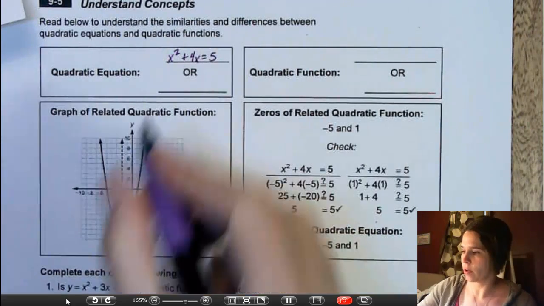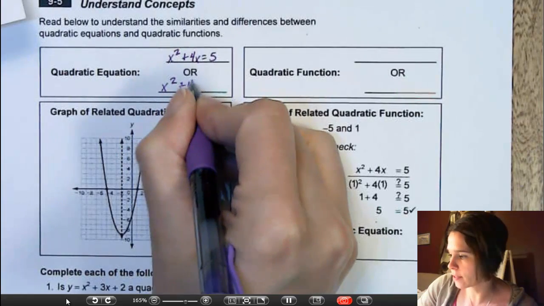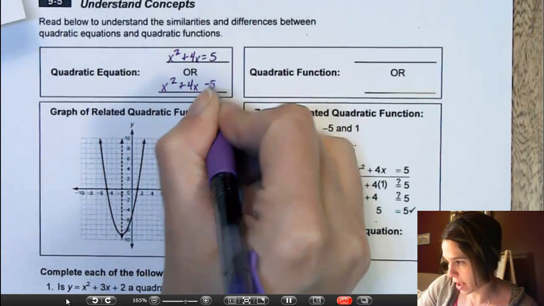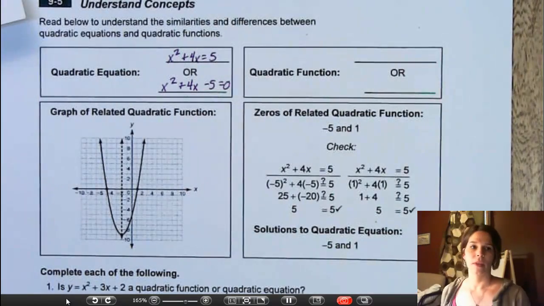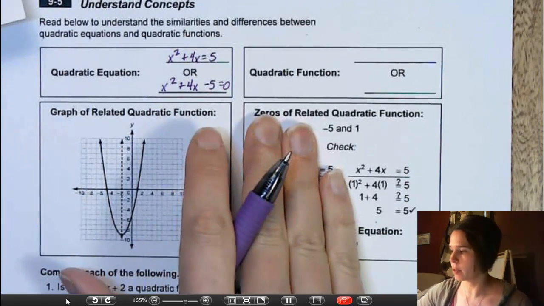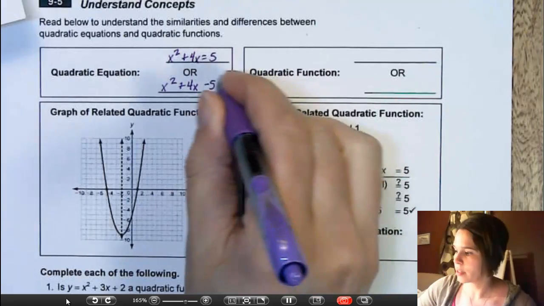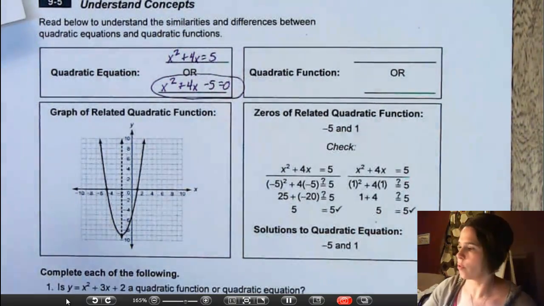I only have 1 variable. Or I could set it equal to 0. x squared plus 4x minus 5, I just subtracted 5 from both sides, equals 0. Those are types of equations where I just have one variable. Now I can have it to different powers, but it's just one variable. This same equation written in function form we've seen before. I'm going to use this bottom equation to turn it into function form.